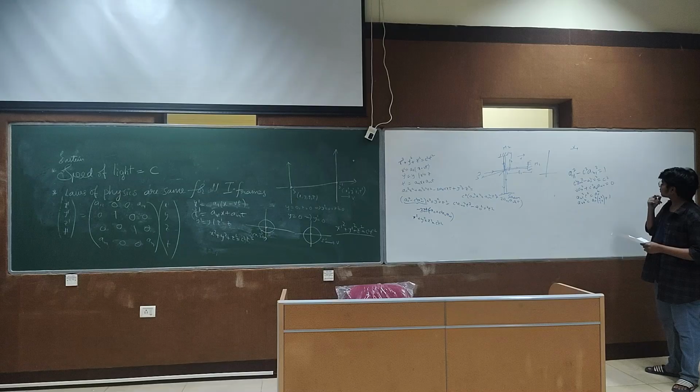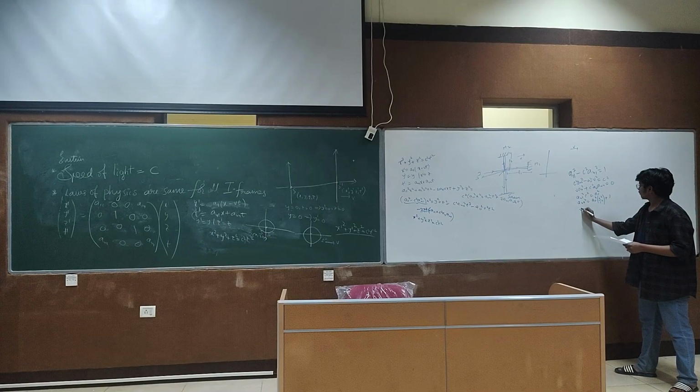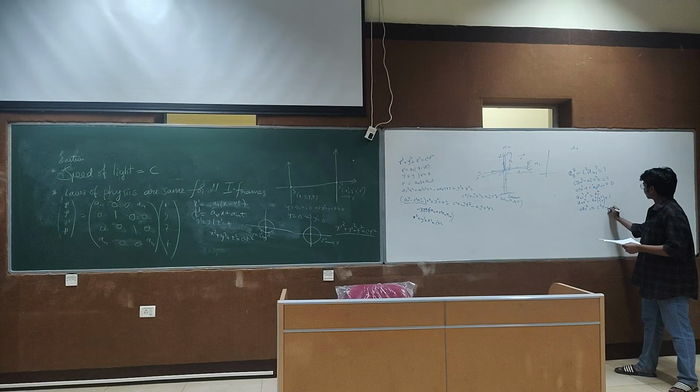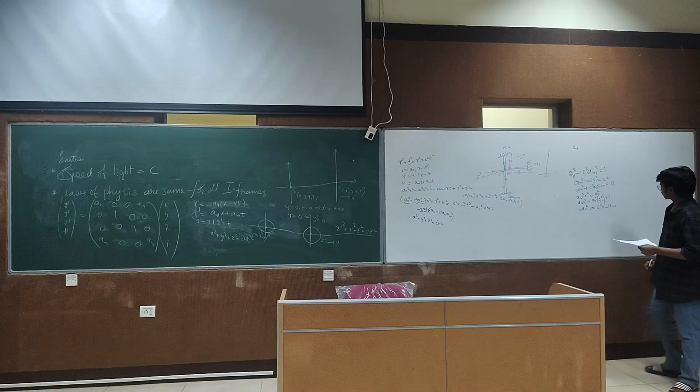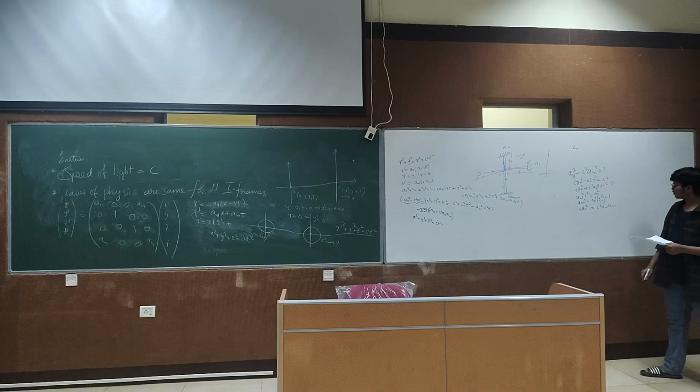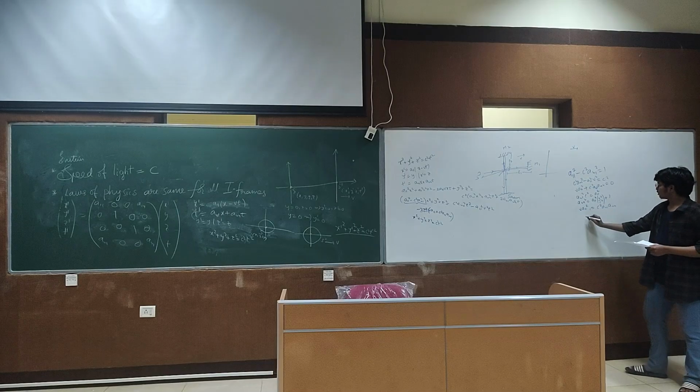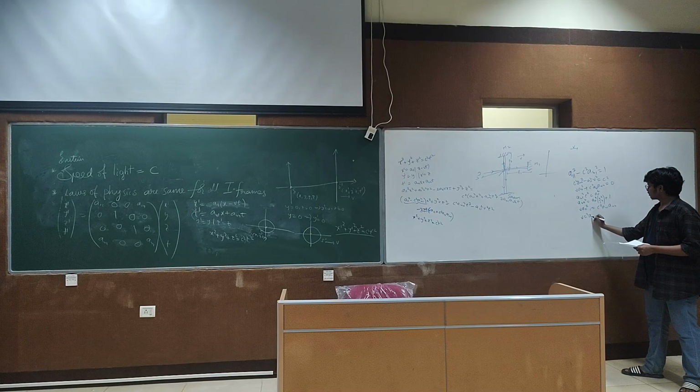And also one more equation: v a11 square plus equal to c square a41 a44. If you input this here, you get v c square a41 square equal to c square a41.